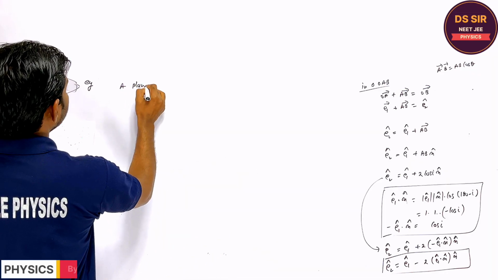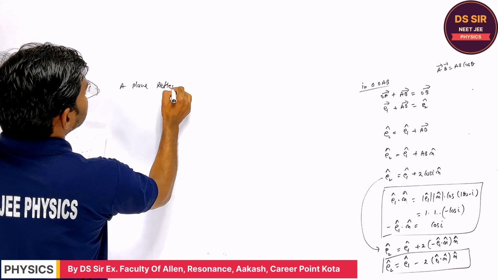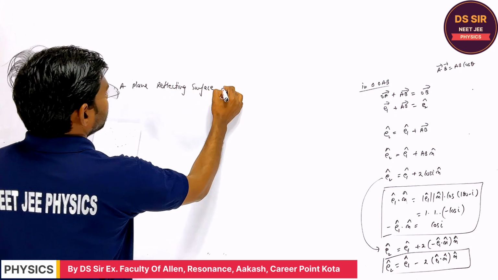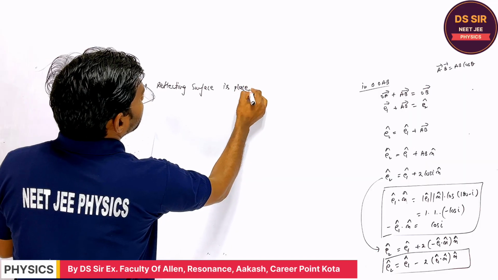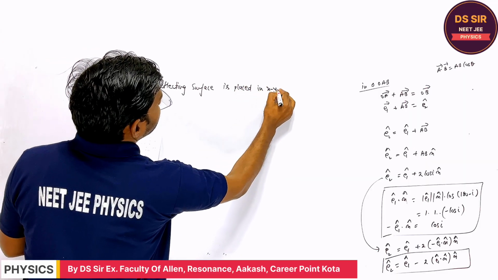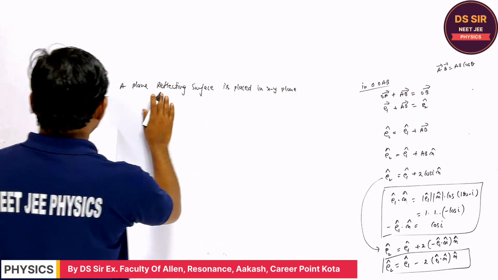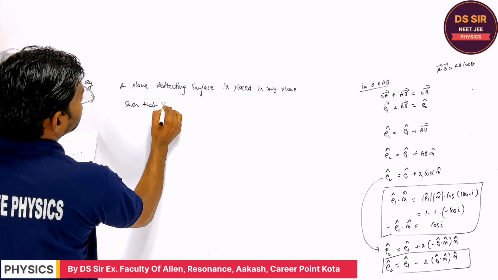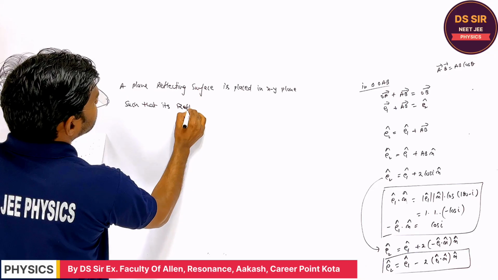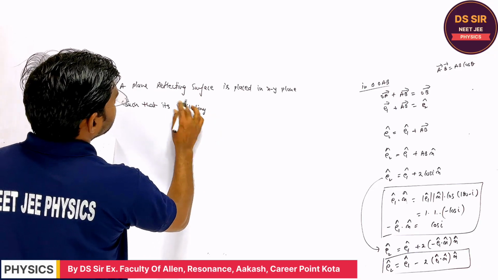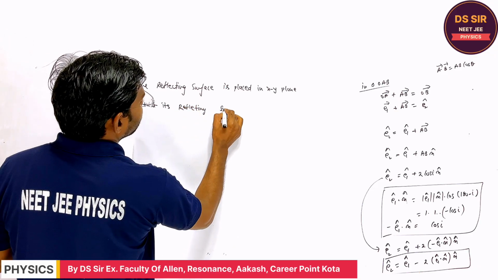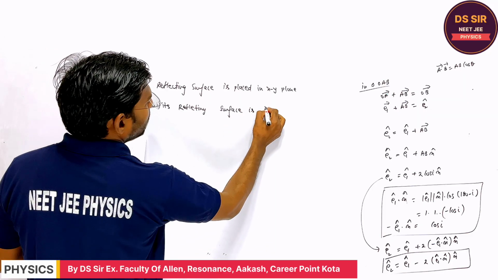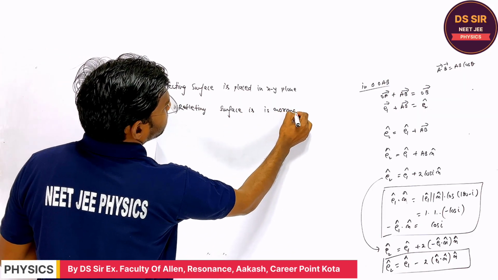A plane reflecting surface is placed in the xy plane such that its reflecting surface is normal to the z axis.